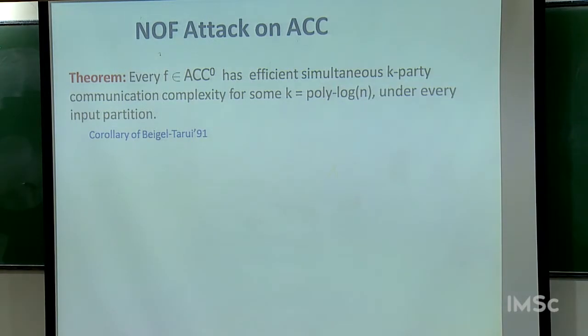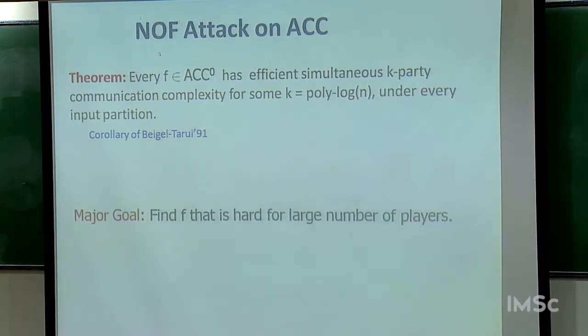This opens up a research direction: can we find a function which does not admit such an efficient simultaneous protocol? If I were able to find one, that would show that this function is not in ACC0. This is a major goal, but we are far from achieving it.